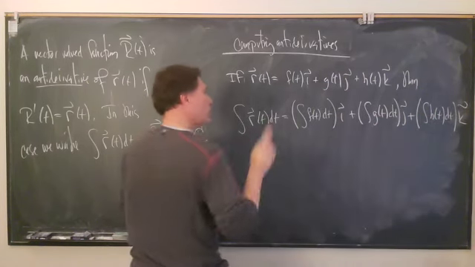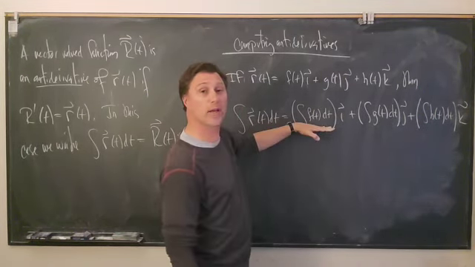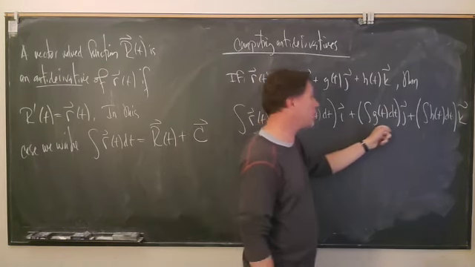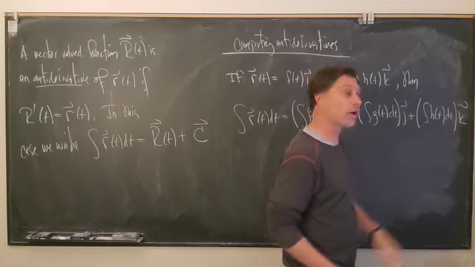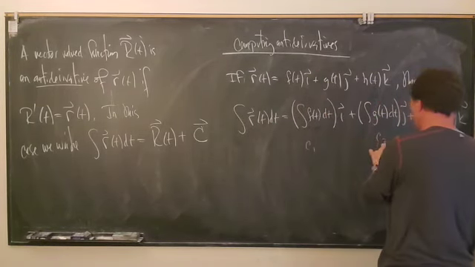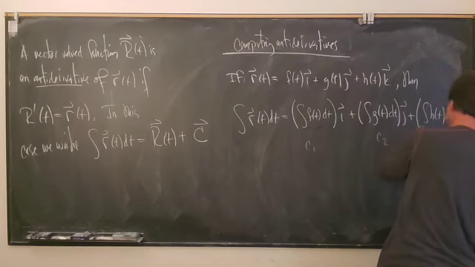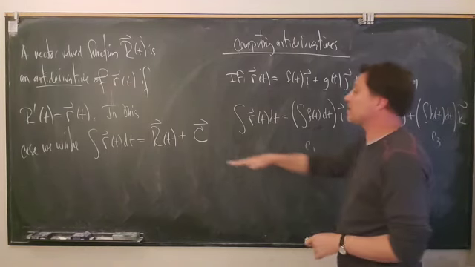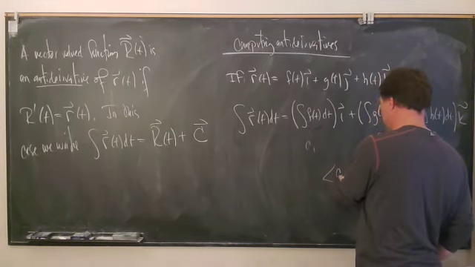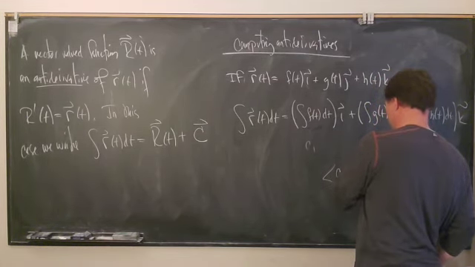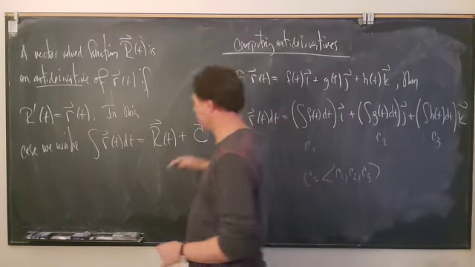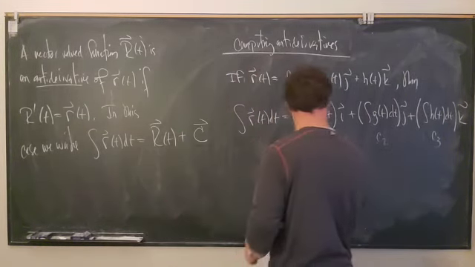Now notice, when you compute an antiderivative of a function, you get a constant of integration. So there'll be a little c1 here, a little c2 here, and a plus little c3 here. And so this c vector right there is exactly c1, c2, c3. All right, that will be your constant of integration. It will be a vector.